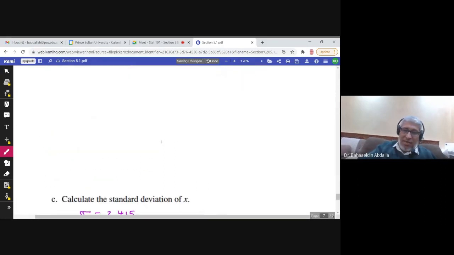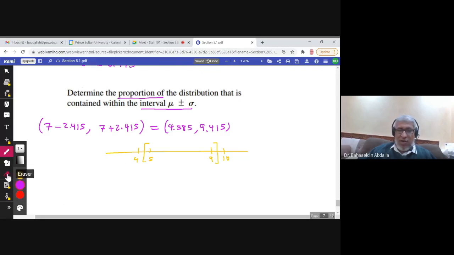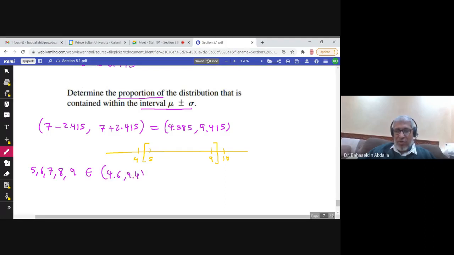The interval is from 4.5 to 9.4. So I will have these numbers: 5, 6, 7, 8, 9. All of these numbers belong to this interval.